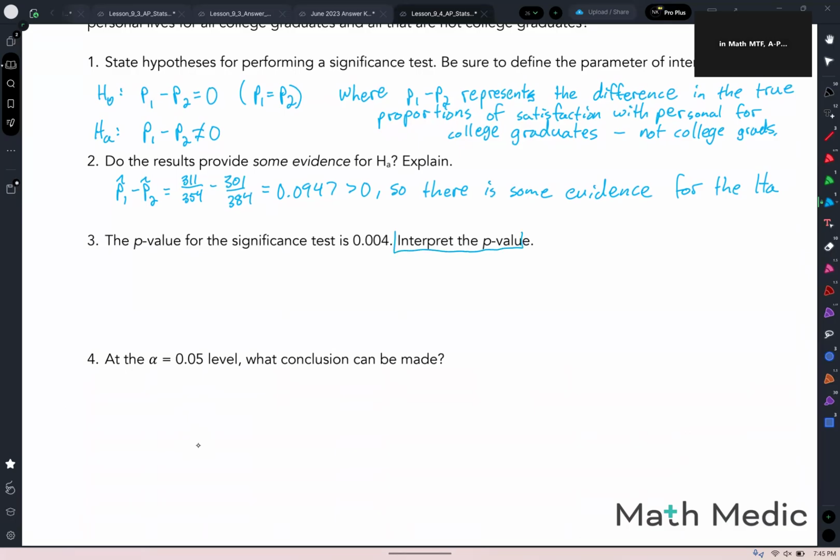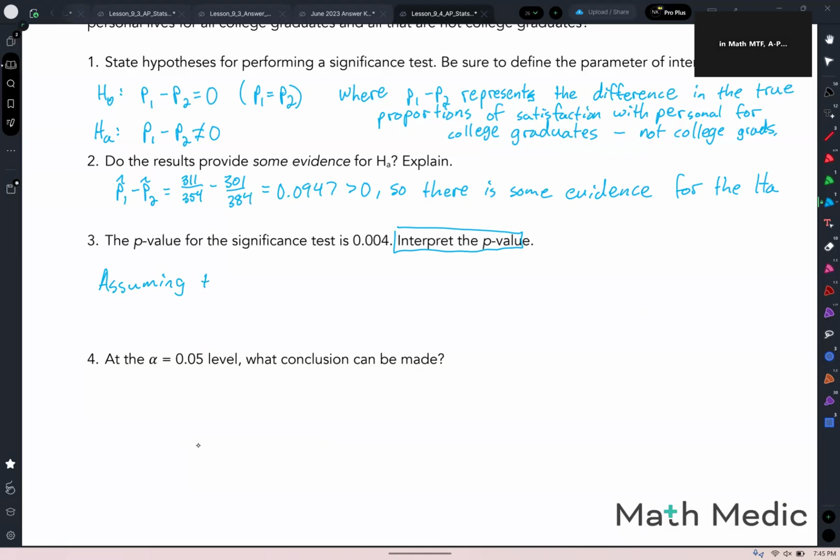Interpret the p-value. Remember, this always goes back to the assumption that the null hypothesis was true. So assuming, and I know in class we've been doing a lot of speed work where we just try to say assuming the null is true, but I'm going to use the true context like you should, right?